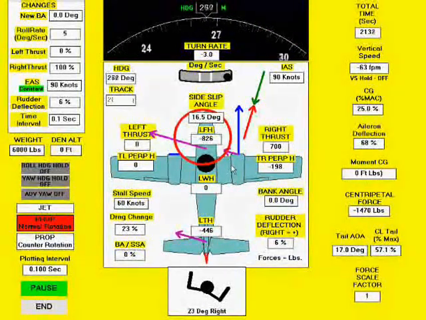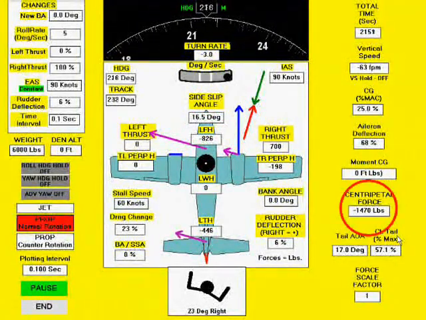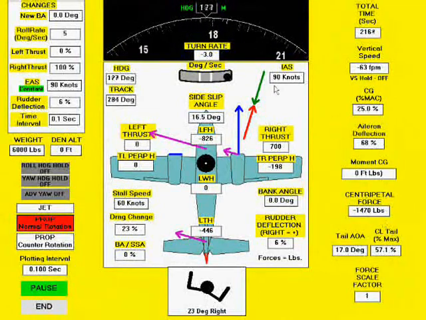But the fuselage lift, perpendicular thrust component, and vertical tail lift combine into the centripetal force that causes the left turn rate.